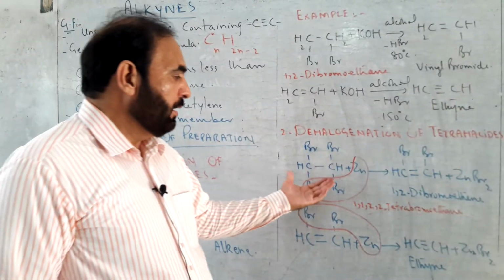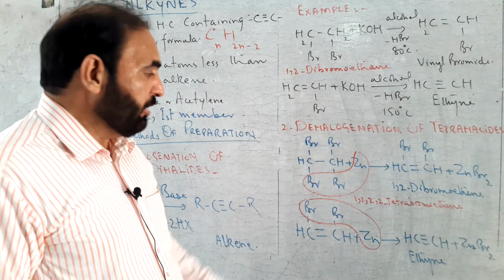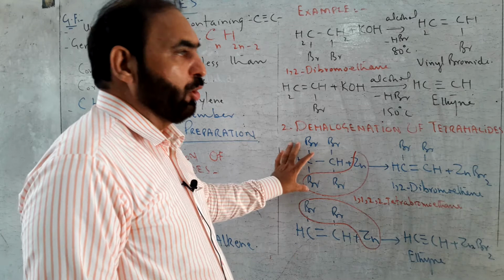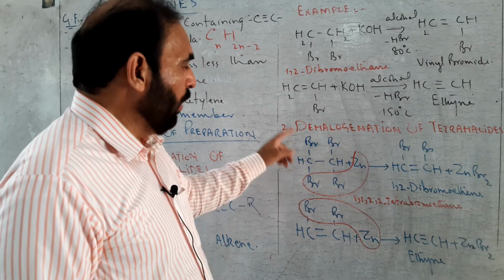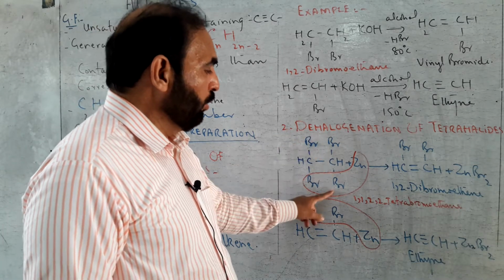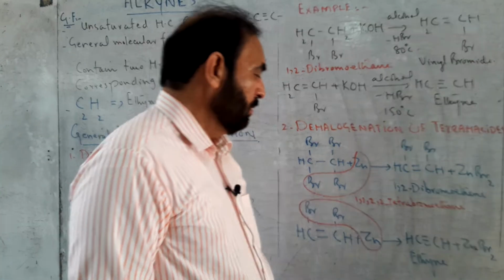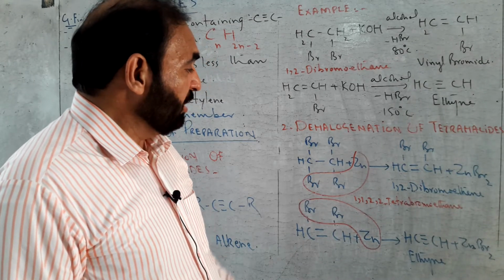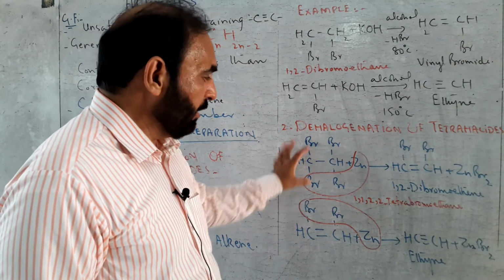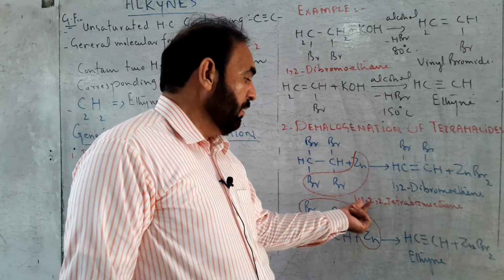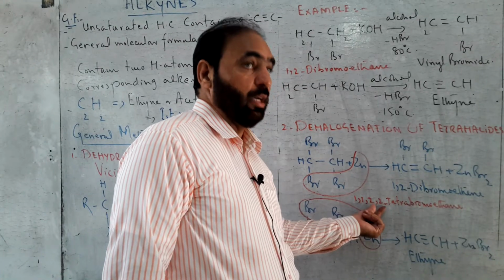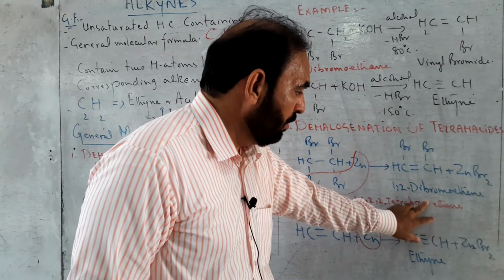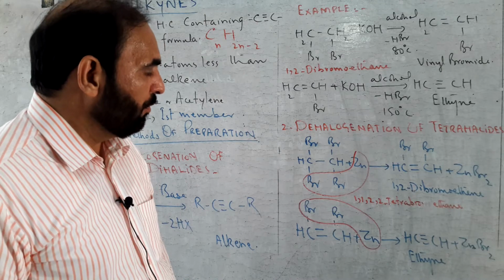For example, let's have a molecule in which two adjacent carbon atoms have two bromine atoms each. So this is 1,1,2,2-tetrabromoethane. So this is a tetrahalide. Two halogen atoms are bonded to carbon number 1 and two halogen atoms, that is bromine atoms, are bonded to carbon number 2.